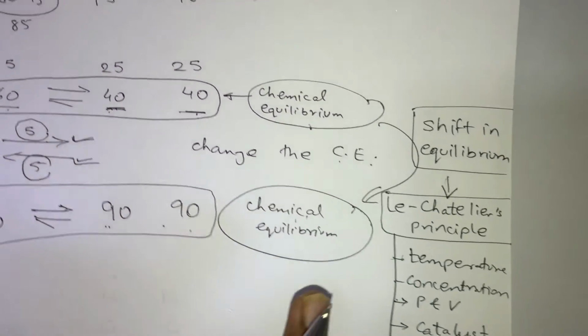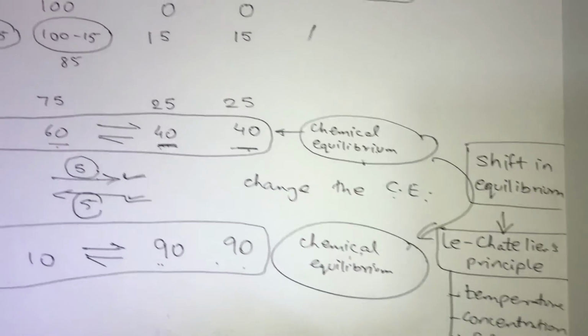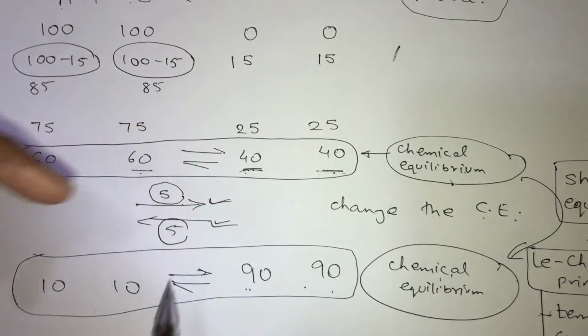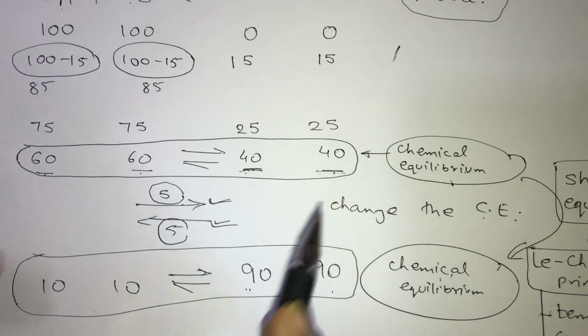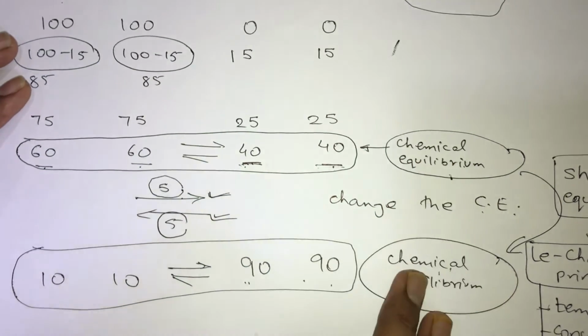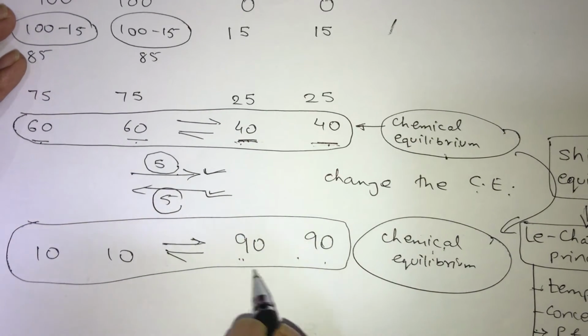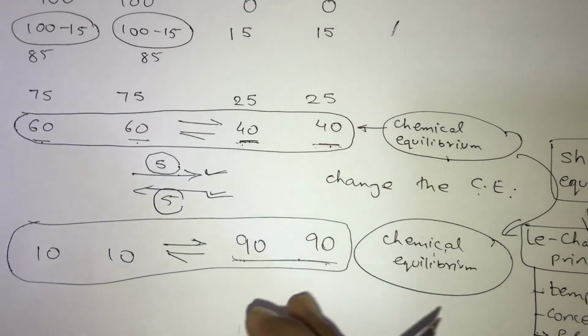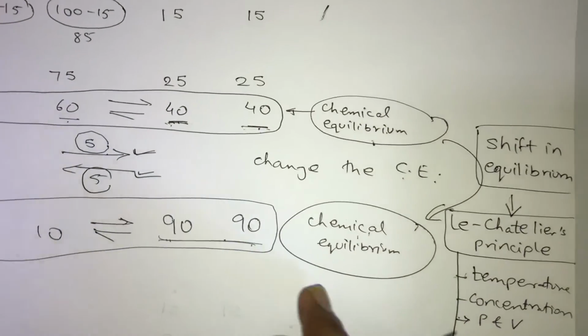Okay, so I hope guys you have understood up till now that you are not getting a sufficient amount of product because of the reversible reaction. A chemical equilibrium was getting established and you are not getting a sufficient amount of products. So you need to change the chemical equilibrium state where you can get the maximum amount of product. And how are you going to change the chemical equilibrium?